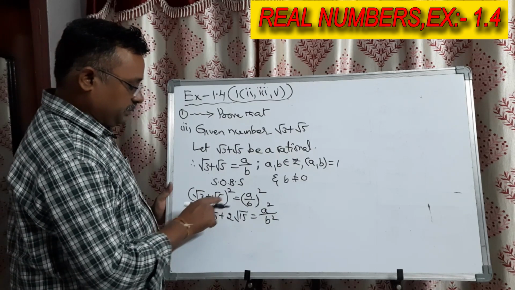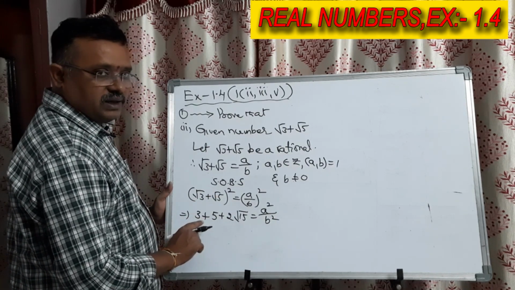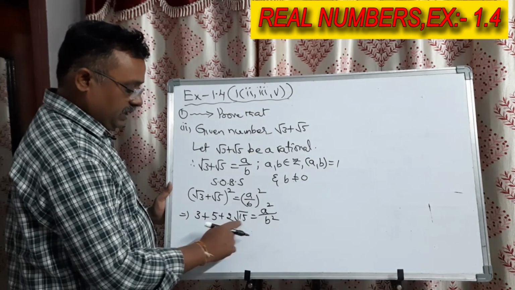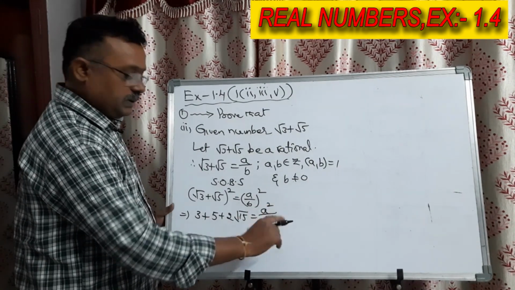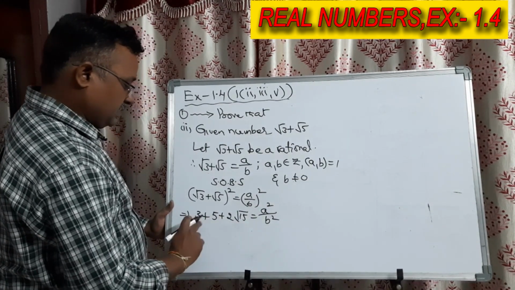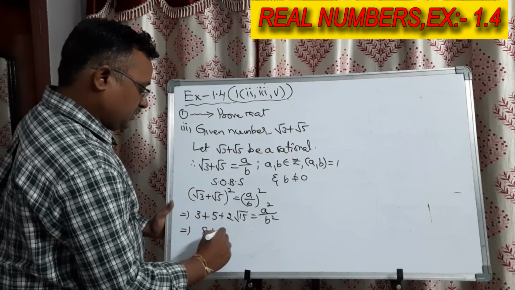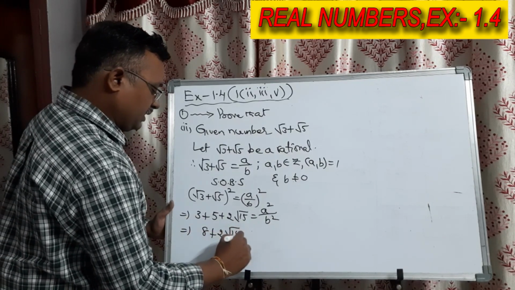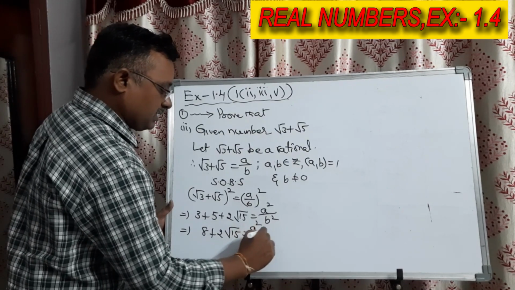By applying the a plus b whole square formula, a square plus b square plus 2ab, the right side is a square by b square. This implies 8 plus 2 into root 15 is equal to a square by b square.